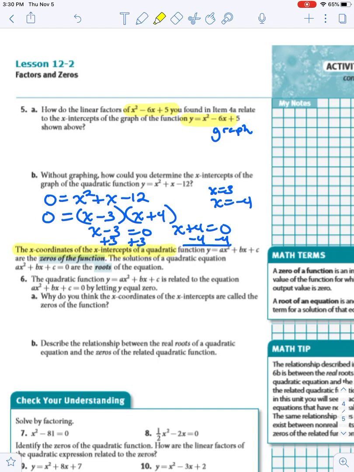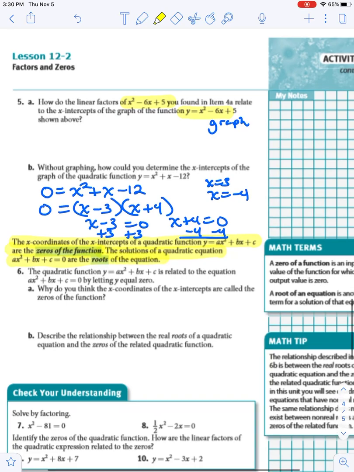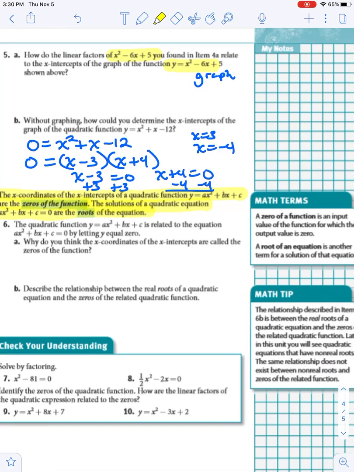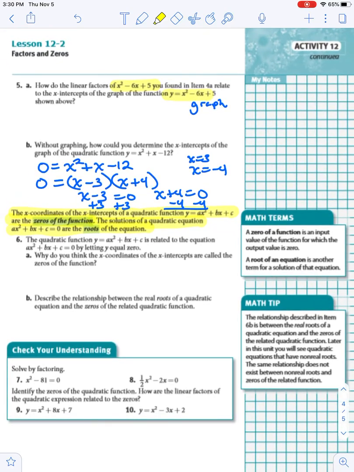So the x-coordinates of the x-intercepts of a quadratic function are the zeros of the function. The solutions of a quadratic equation are called the roots of the equation. So when we say zero, when we say root, and we say x-intercept, it's all the same idea. The quadratic function y equals ax squared plus bx plus c is related to that same function set equal to 0 by letting y equal 0.